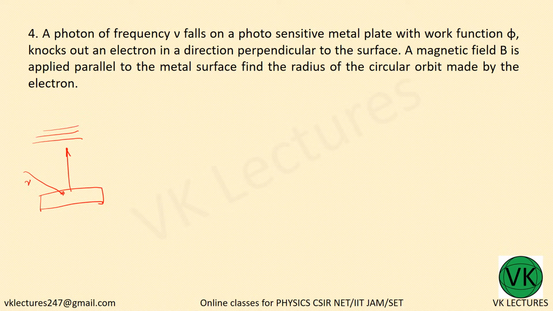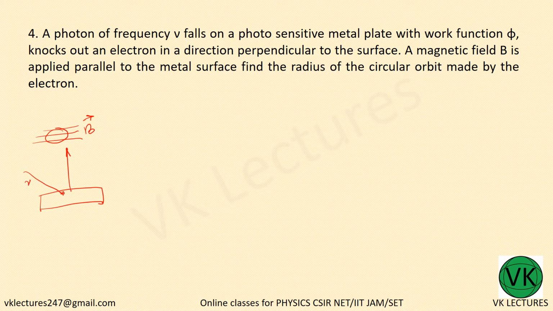So this electron ejected out will be in the magnetic field B. So the question is, if it is here, it will trace out a circular path, because there is no electric field there. Then what is the radius of the circular path? That is the question.